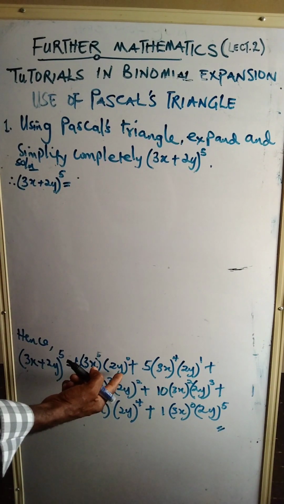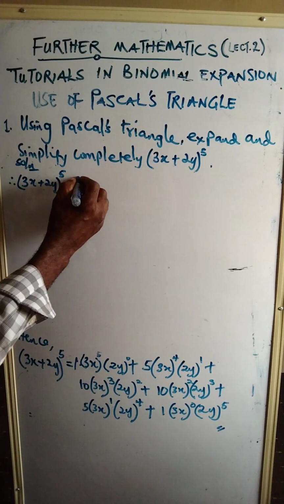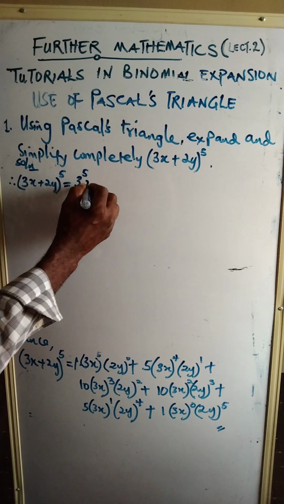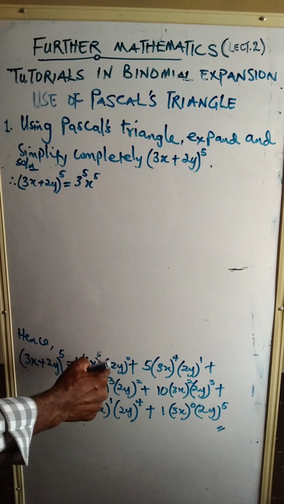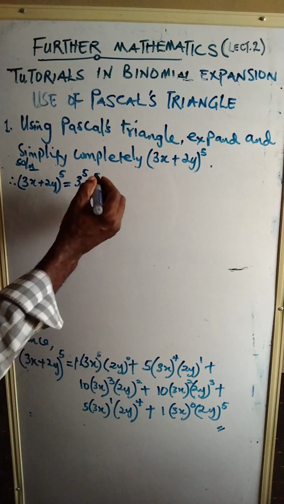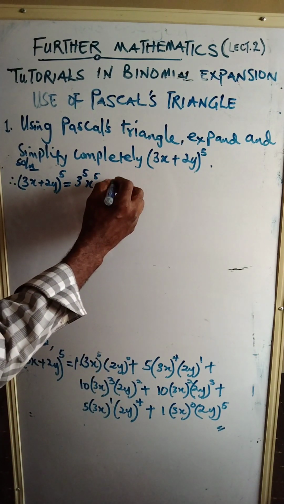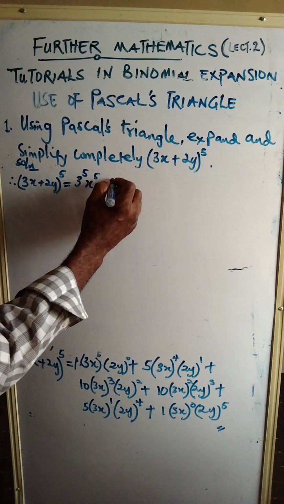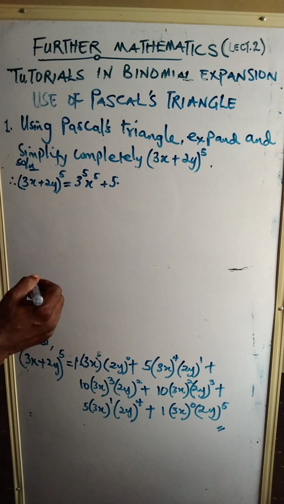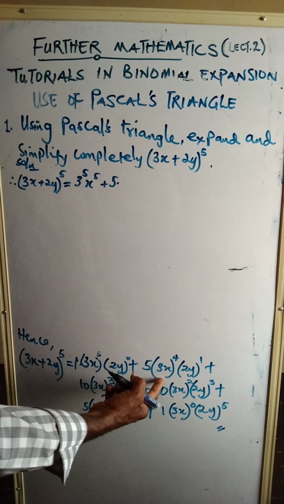So from what we have down there, if we do that, we're going to have 3 raised to power 5, x raised to power 5. Of course, 2y, everything raised to power 0 is 1. So the next one is going to be, we have 5 times what we have here.